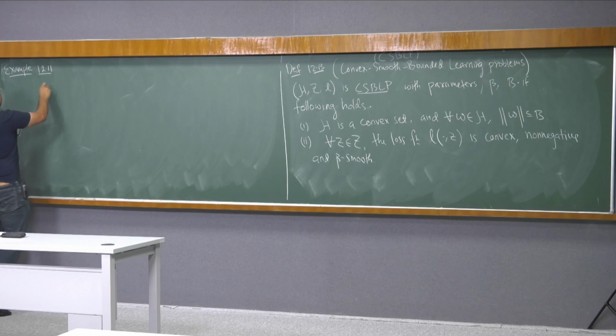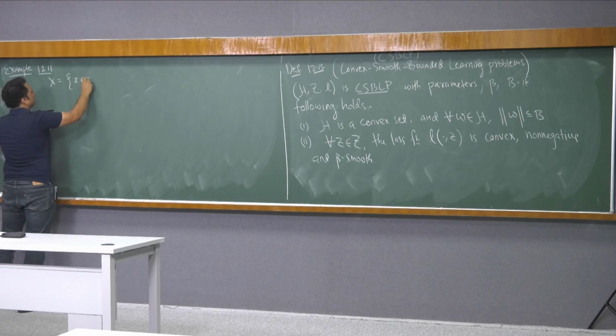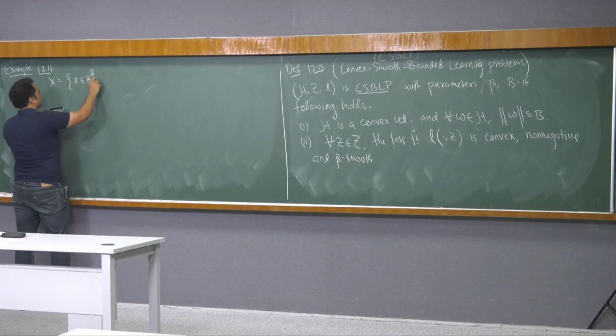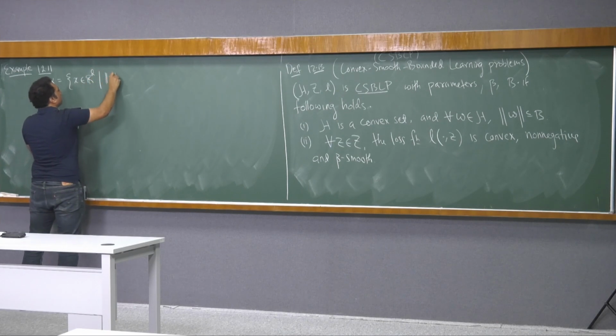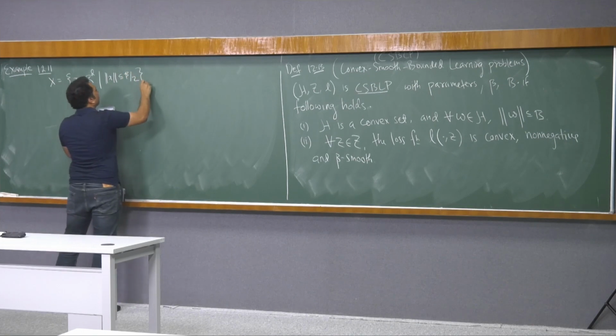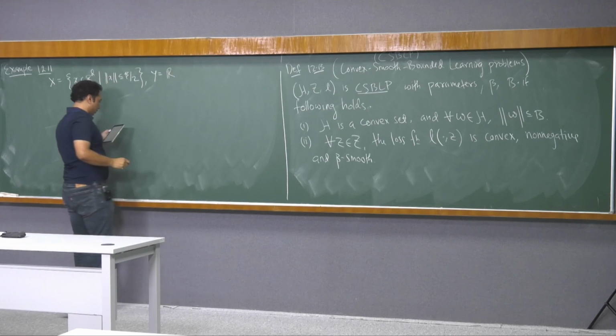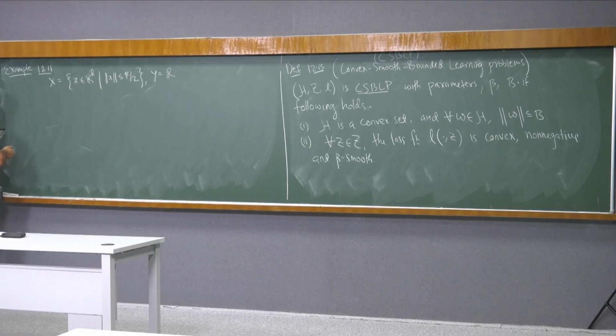So in this case, we have our X to be the set of all x in R^d such that the norm of x is less than or equal to beta by 2, and Y to be the set of all real y coming from a set of real numbers.